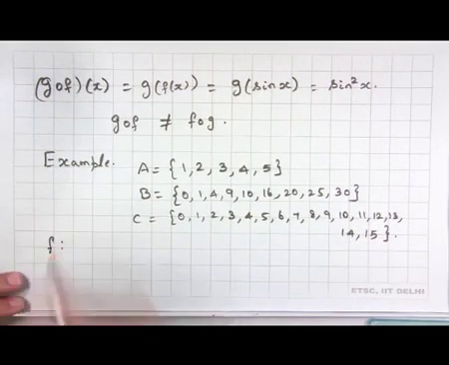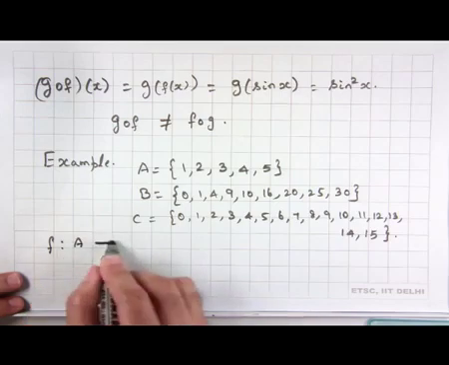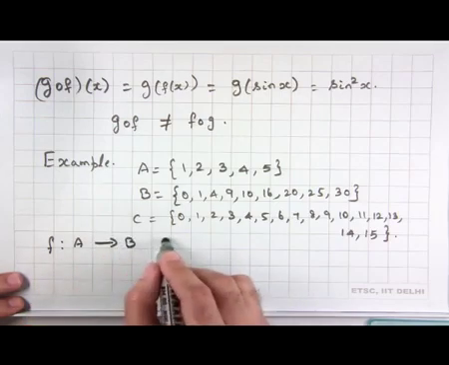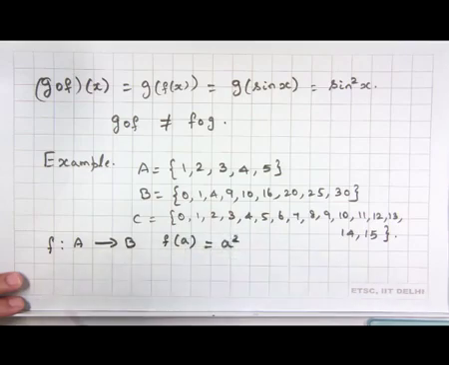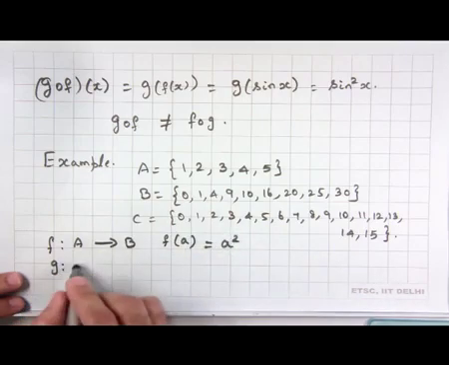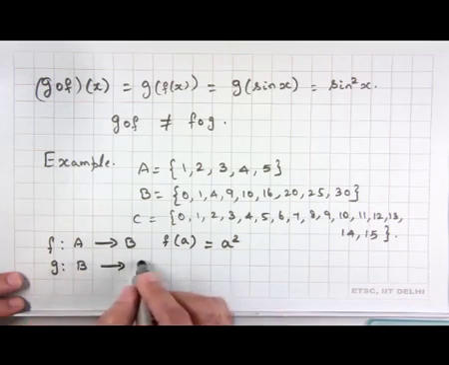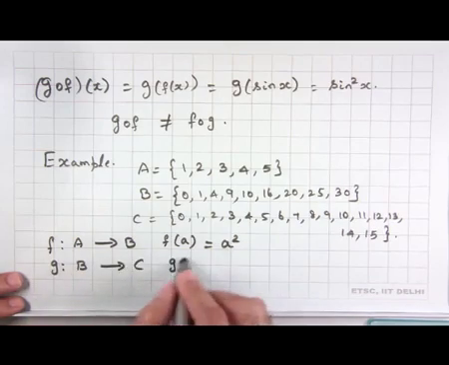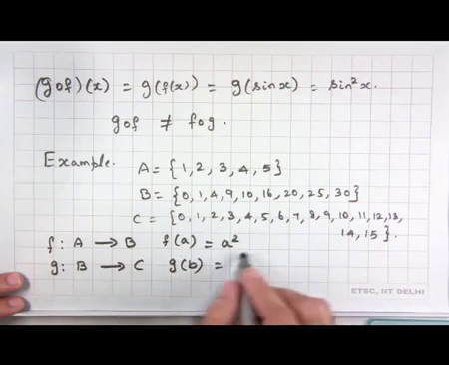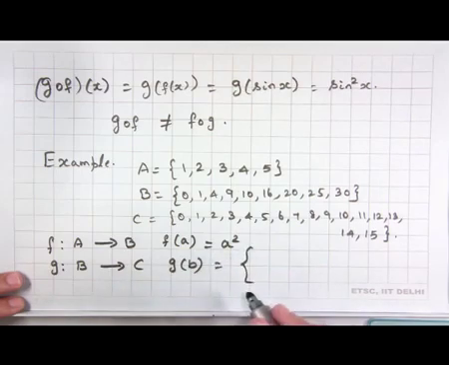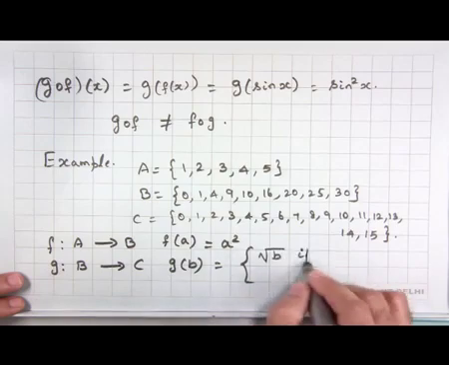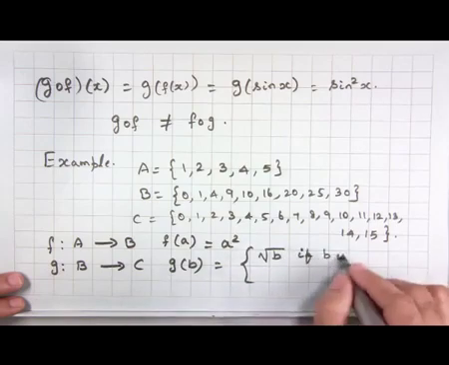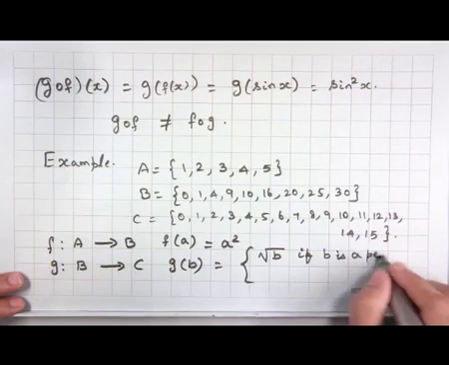Now, let us look at the function f from A to B given by f of a equal to a square, and g from B to C given by g of b as square root of b if b is a perfect square.